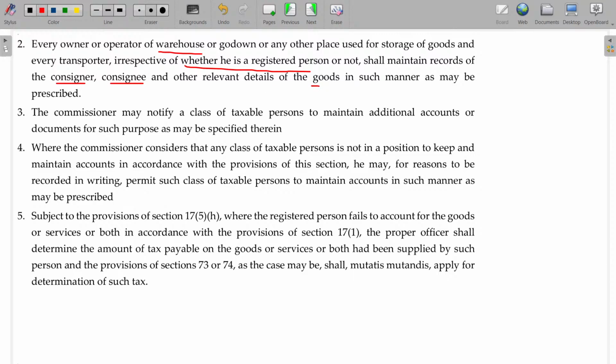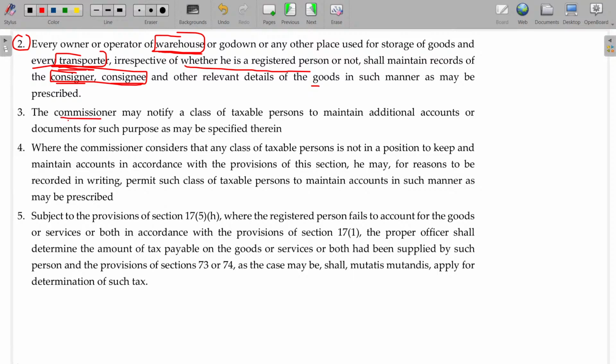Every owner or operator of warehouse, godown or any other place used for the storage of goods, and every transporter. So he gets the goods of third party. No, he is not required to be the registered person, but he has to maintain all this document. Okay, what goods he gets and from whom to whom it should be supplied and all. It is for warehouse in charge and transporter. The details related to the consignor and consignee.